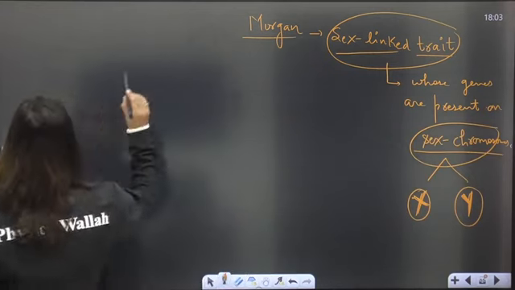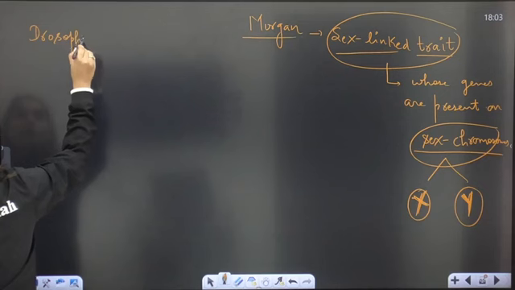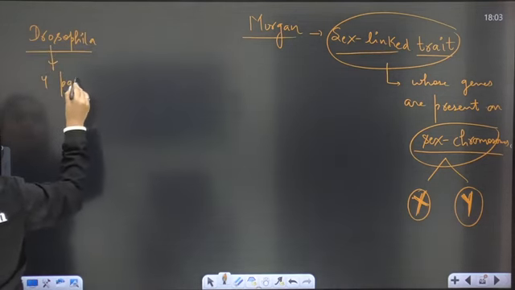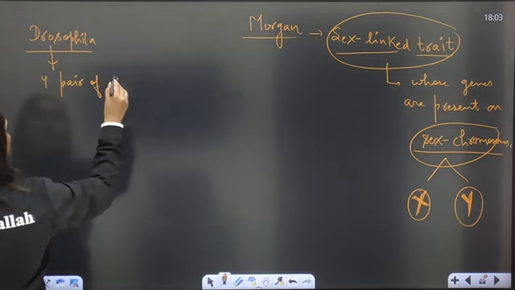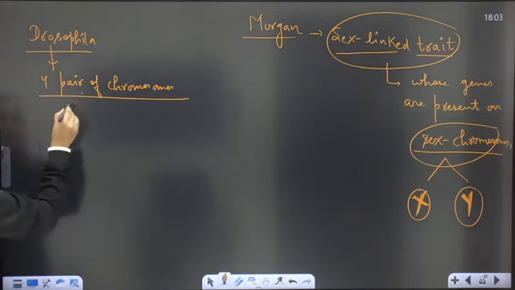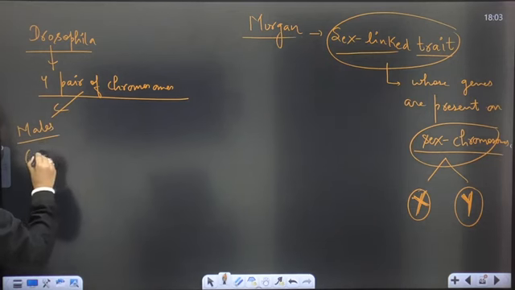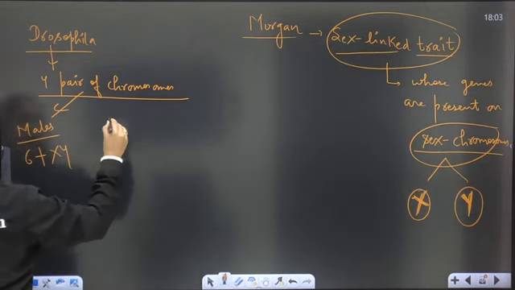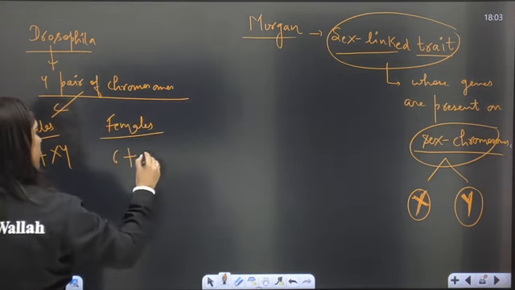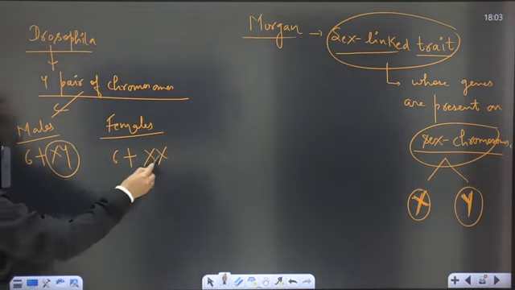Now Drosophila is also a diploid organism having 4 pairs of chromosomes. That means a total of 8 chromosomes, and males are 6 plus XY and females are 6 plus XX, right? Males are XY, females are XX.